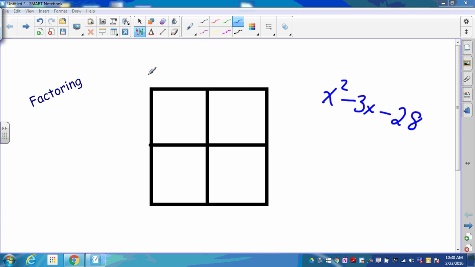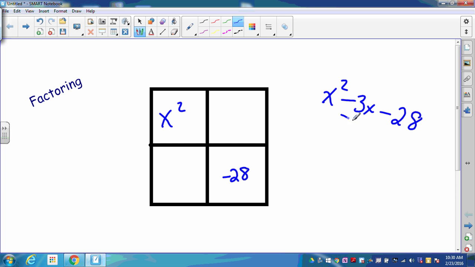I didn't want to make up a quadratic that was going to be totally weird. So let's fill in the boxes that we can. We know that we're going to have x squared here, and we know that we're going to have negative 28 here.